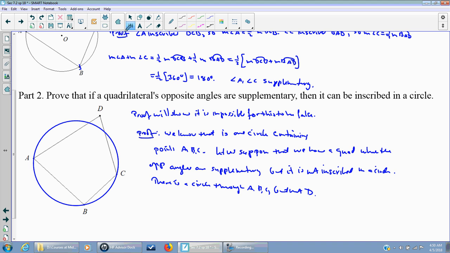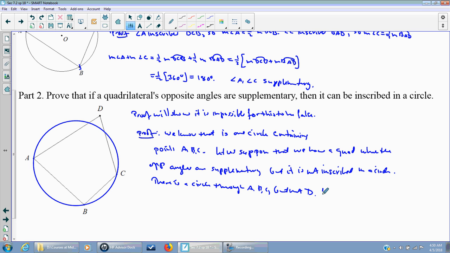Now, it looks something like this. I've drawn a situation where D is exterior to the circle. Actually D could be inside the circle as well, but this will be a good enough proof here. I'll come back and say something in a minute.